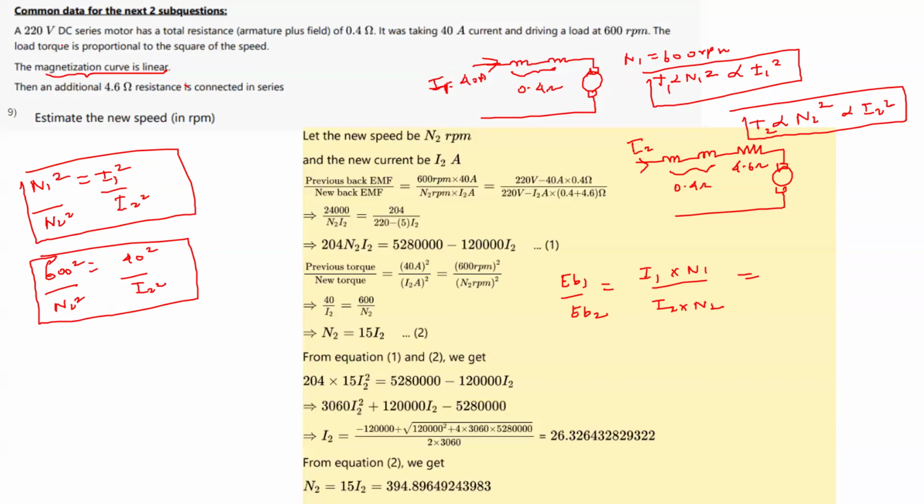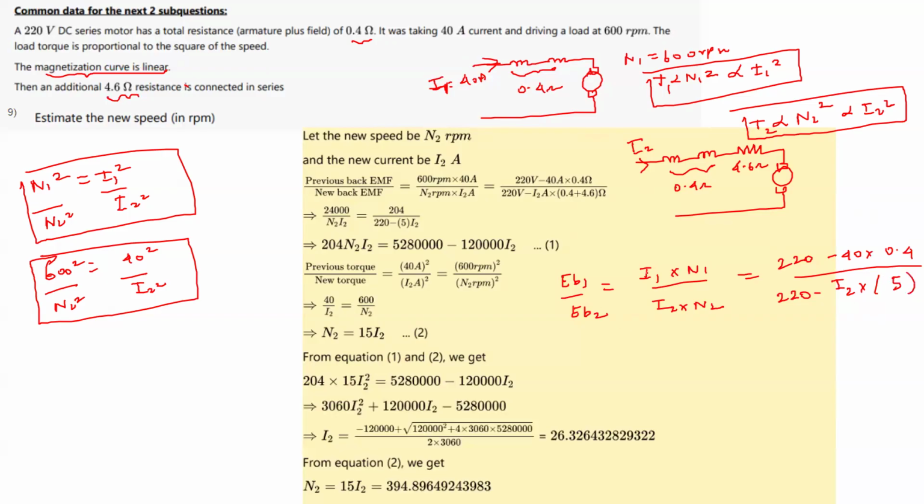EB1 for the first case is 220 minus I1, 40 into 0.4. For the second case, EB2 is, because the supply voltage is the same, 220 minus the current, which we don't know, into the overall resistance of 0.4 plus the additional 4.6, which is 5.